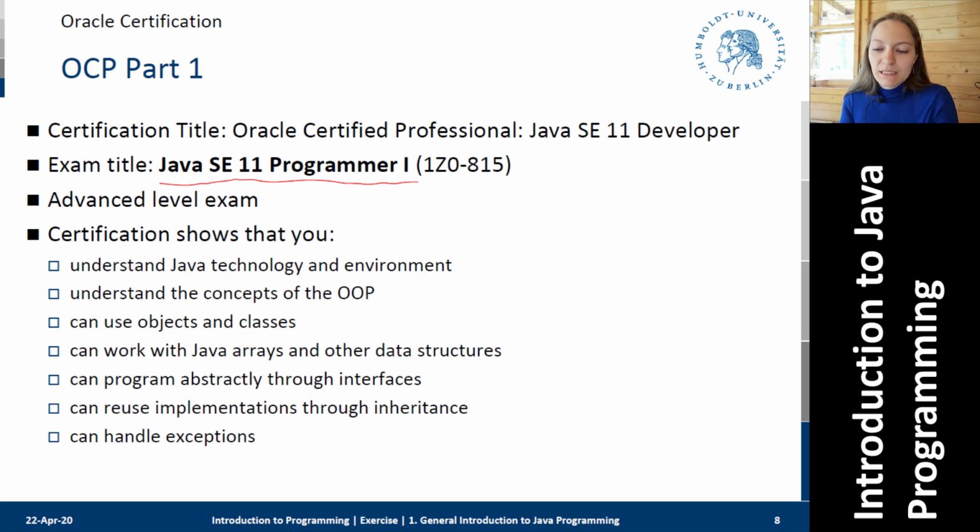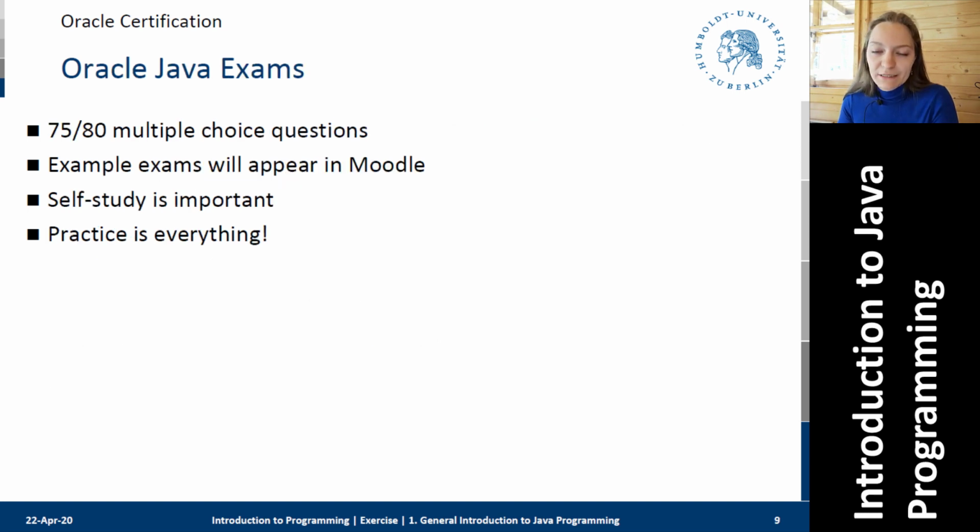All of them are covered in our exercise and in lectures, of course. Those two exams consist of 75 or 80 multiple choice questions, 75 for the first exam and 80 for the second exam. There are no open coding tasks.